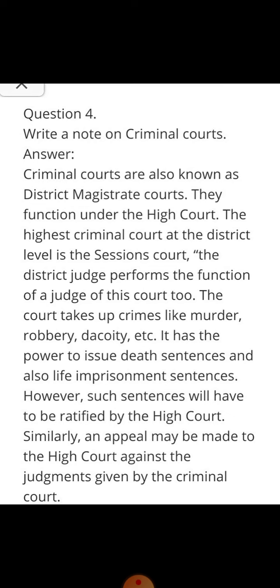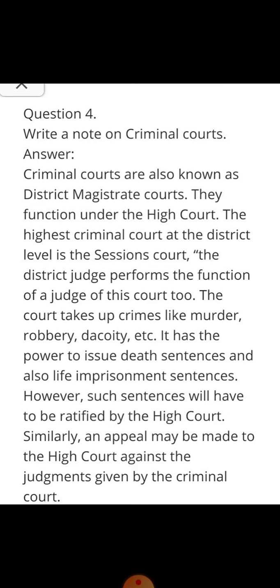Okay children, the highest criminal court at the district level is the Session Court. The district judge performs the functions of a judge of this court too. The court takes up crimes like murder, robbery, dacoity, etc. These cases are filed in the criminal courts.